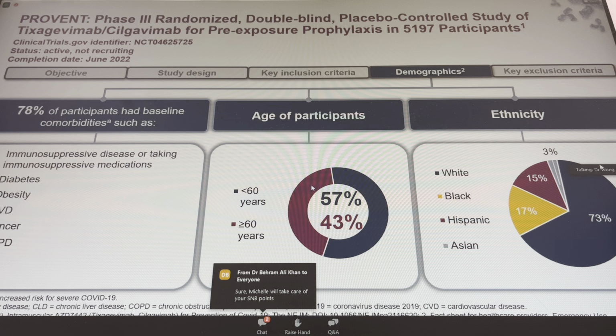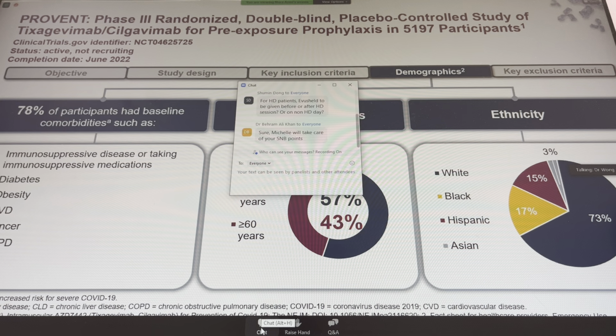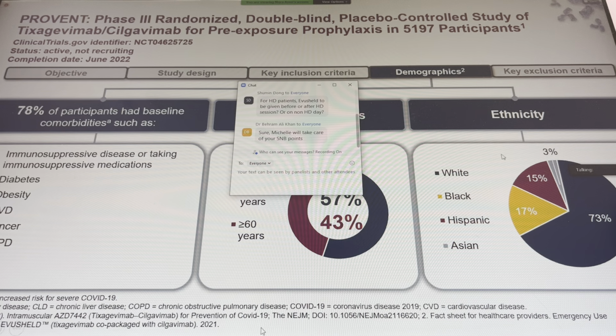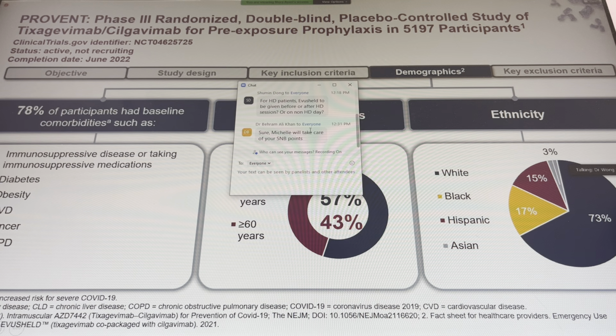This is a trial that was done mainly in the US and some other Western countries. So the vast majority of patients were white Caucasian, and then a smaller percentage were African Americans and also from the Hispanic population.